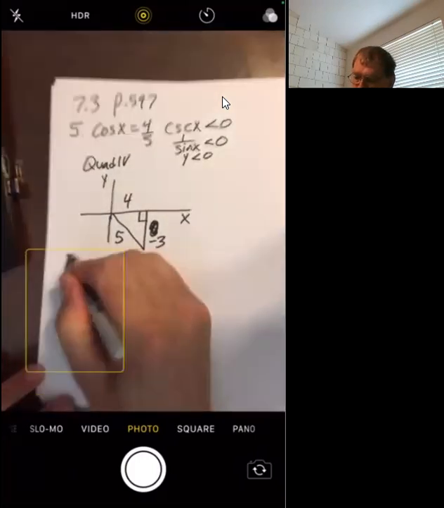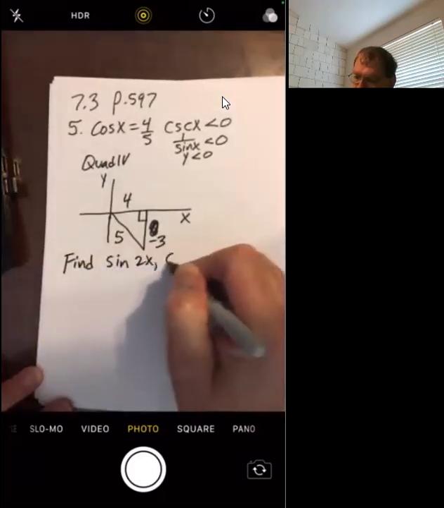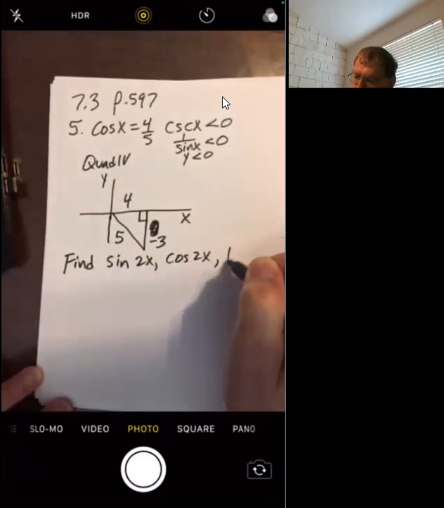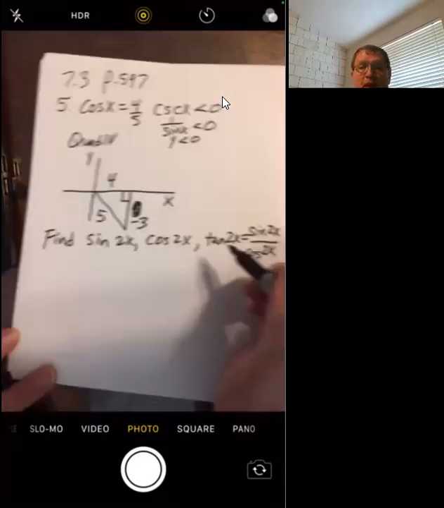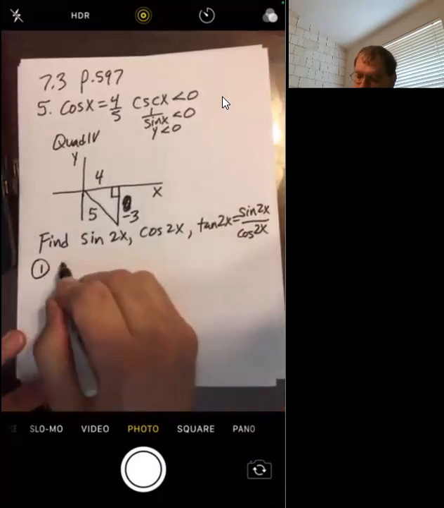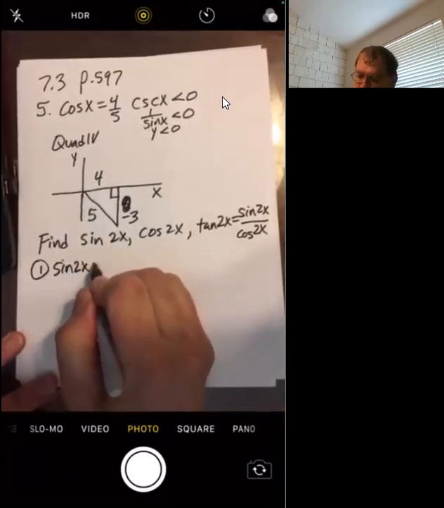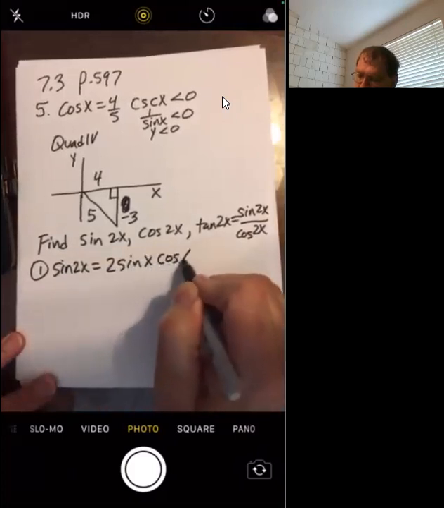Okay, and they want you to find sine 2x, cosine 2x. And we can find tangent 2x by dividing sine of 2x by cosine. Hope you remember that sine of 2x is twice the sine times the cosine.